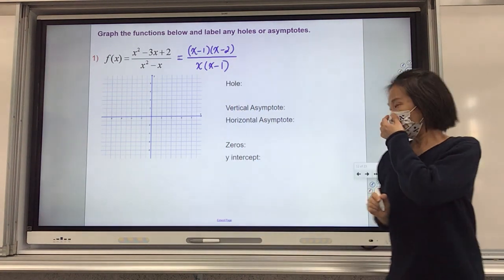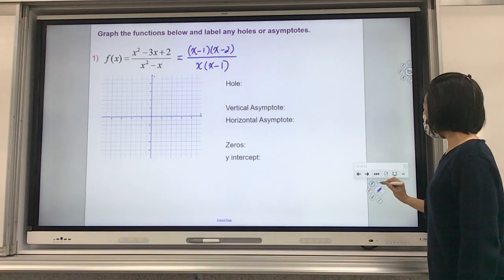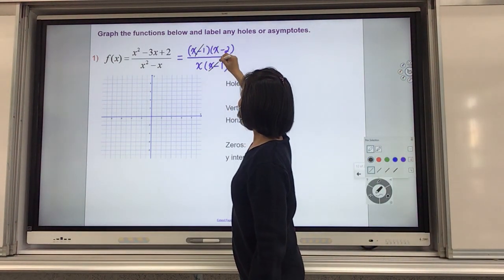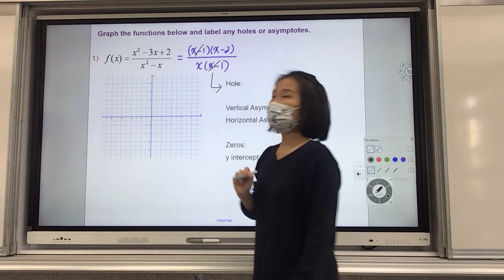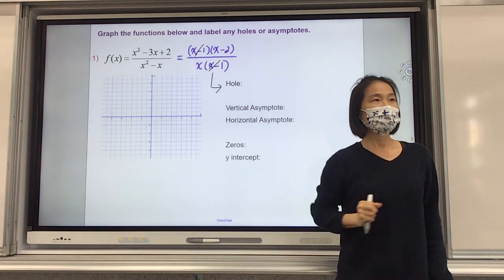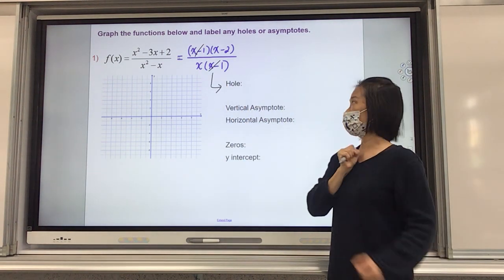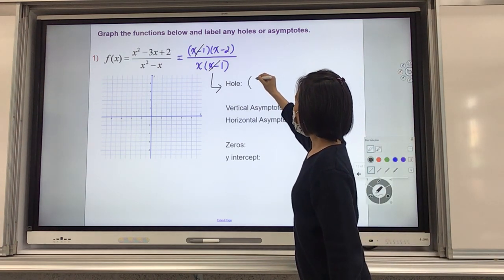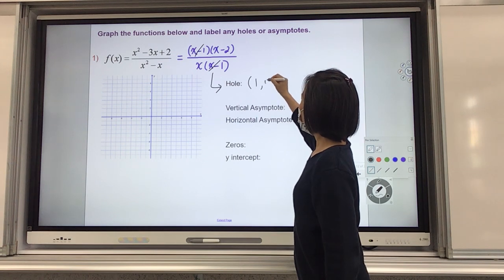Cancel the common factor. If you are able to cancel something, that will give you the undefined point as a hole on the curve. So where's the hole? Is at x equal to 1. This is supposed to be undefined.